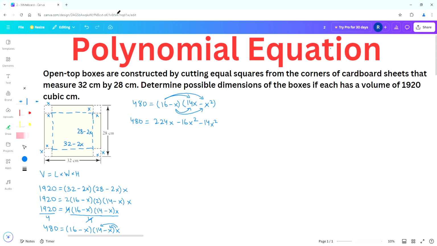Negative x times negative x squared is positive x cubed. Next, we can combine like terms. Next, we can set the equation equal to 0 by subtracting 480 from both sides.